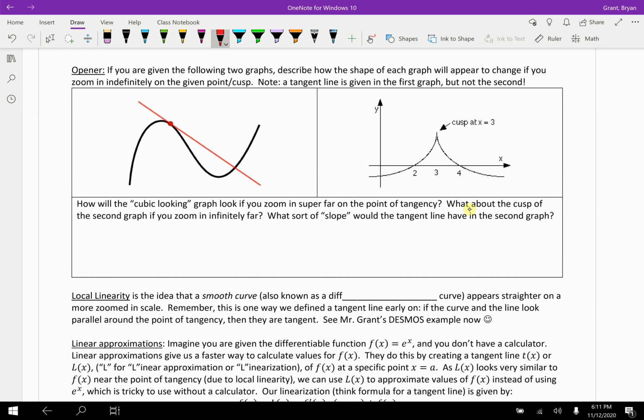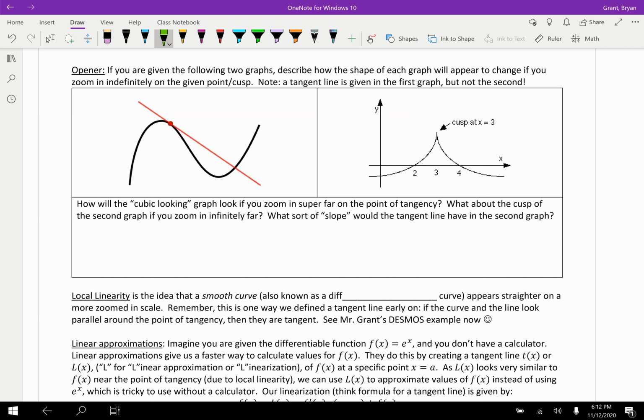Okay, how will the cubic looking graph, that's my first graph over here, look if you zoom super far? What about the cusp? What sort of slope would the tangent line have in the second graph at the cusp, if you could draw a tangent line there? Okay, so try that first, and then we will go back and go through this a little bit more in depth.